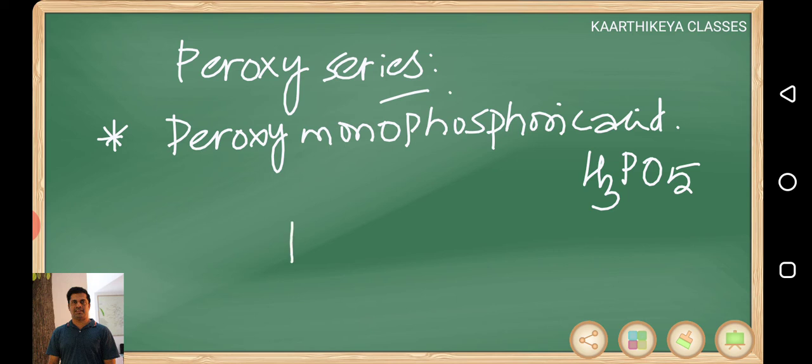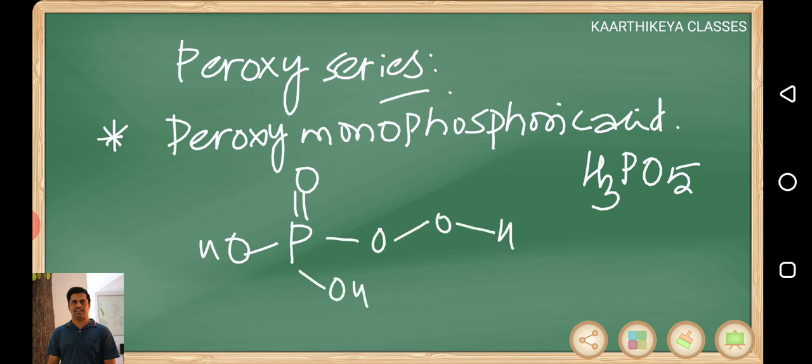Everything is same like H3PO4: P double bond O, one OH, another OH, another OOH. So extra here is one peroxy linkage. Because of this peroxy linkage, it is called peroxymonophosphoric acid.